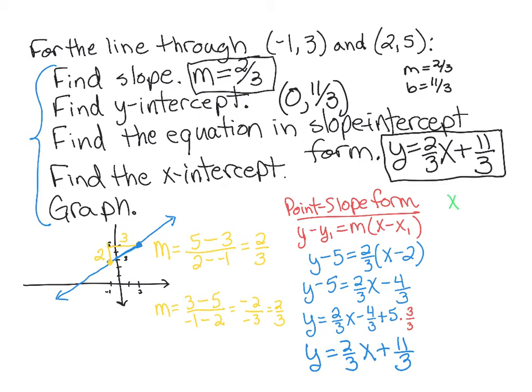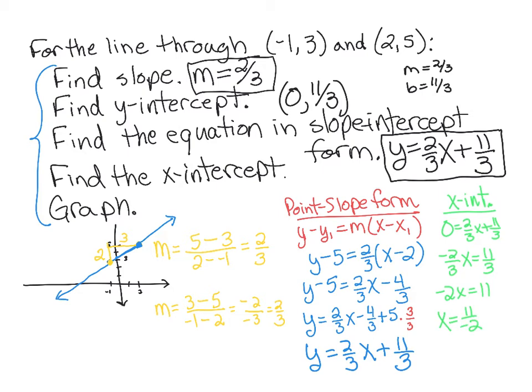So for the x-intercept, I'm going to plug in 0 for the y, 2/3 x plus 11/3. Move this guy over. I'm going to multiply by 3 and divide by 2.